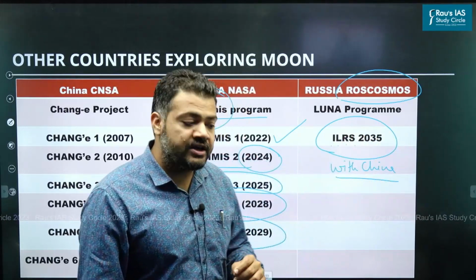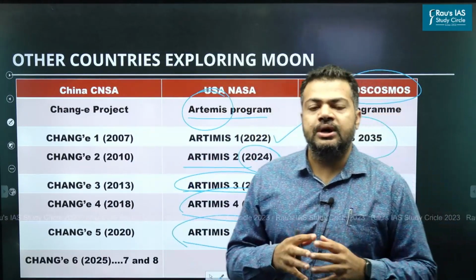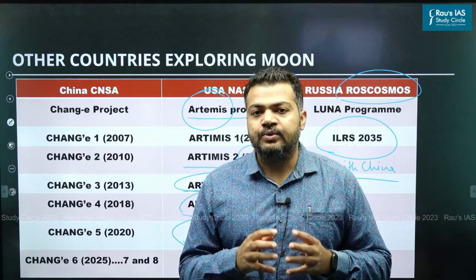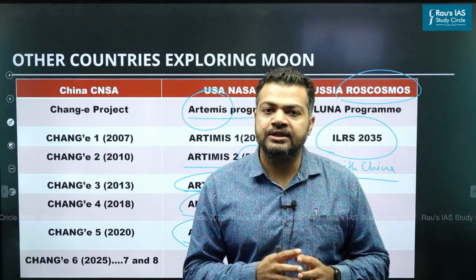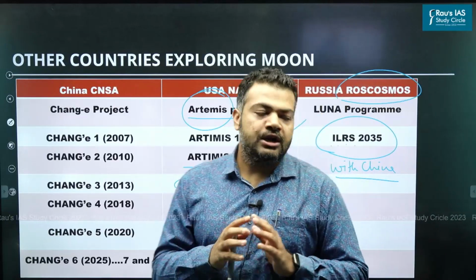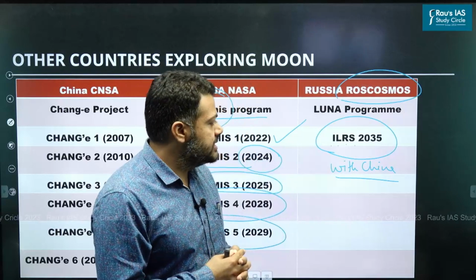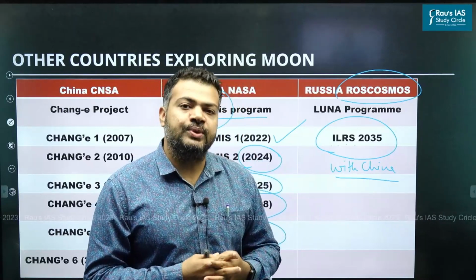So by 2035, even though Russia may not have any actively working mission on the moon, China and Russia together, against the Artemis program, may set up an international lunar research station, right, which is expected to be set up by 2035.